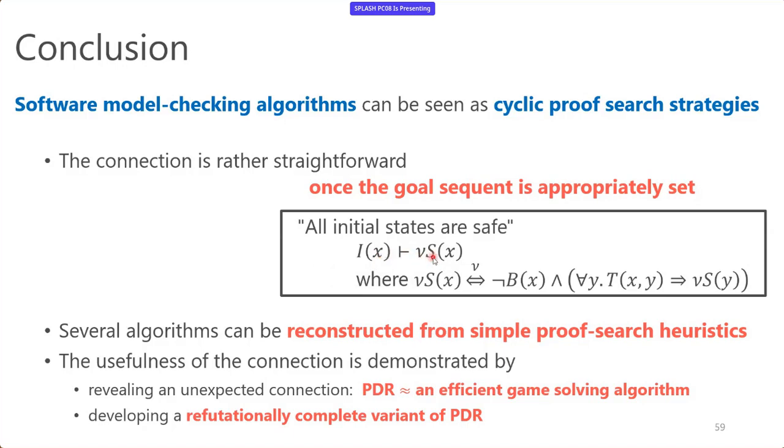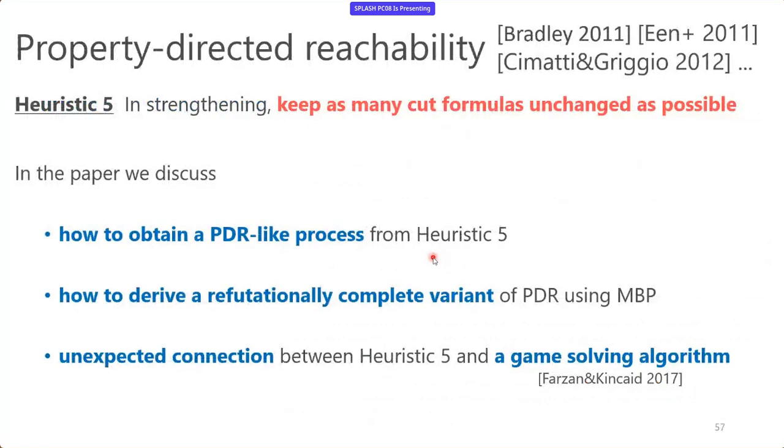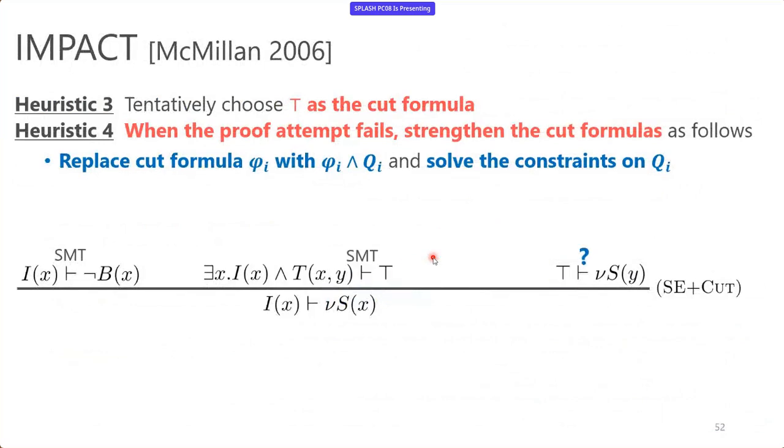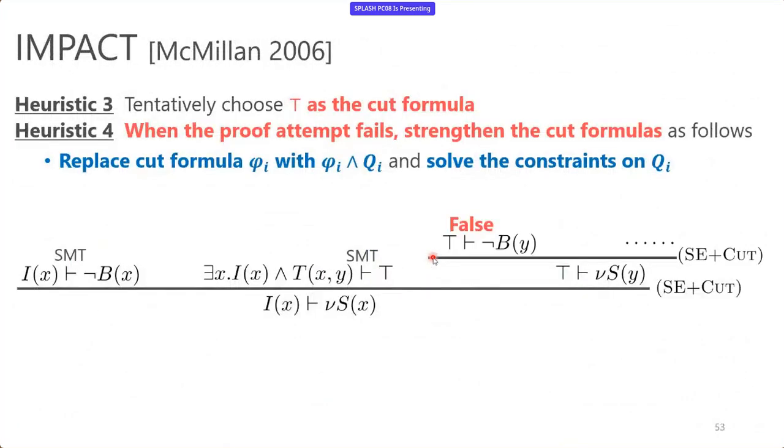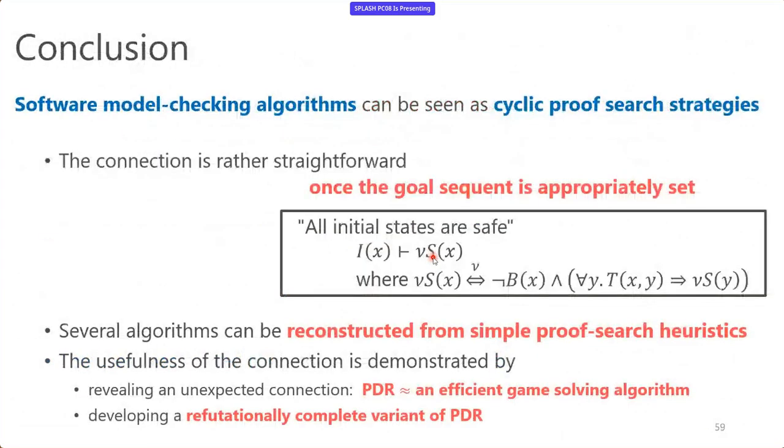But actually, for example, in cyclic proof search, sometimes subgoals of these shapes occur in general cyclic search.